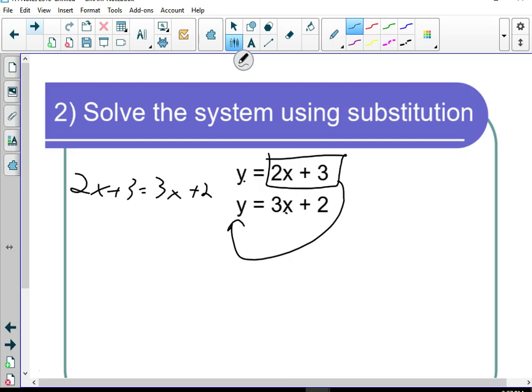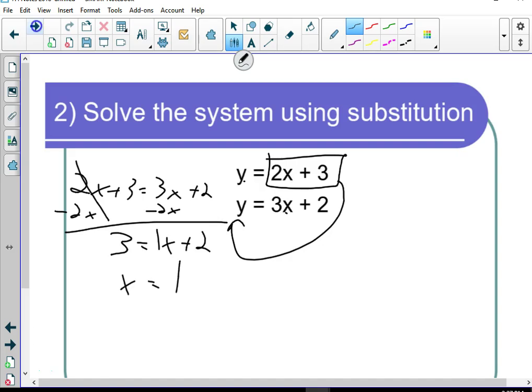We can move the 2x over right and get positive 1x. We can move the 3x left and get negative 1x and create another step for ourselves. I'm going to subtract 2x. Cancels. We get 3 equals 1x plus 2.